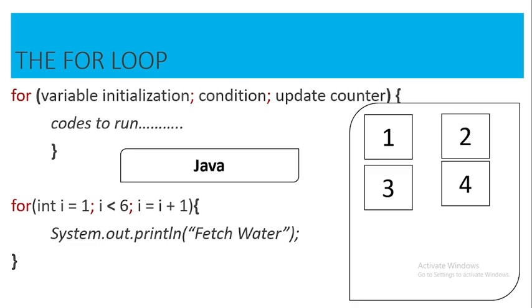Now i is 4, and 4 less than 6 is true, then fetch water will be printed. Now i is 5, and 5 less than 6 is true, so fetch water will be printed. Now i increments to 6. 6 less than 6 is false, so the condition is false and the loop ends.